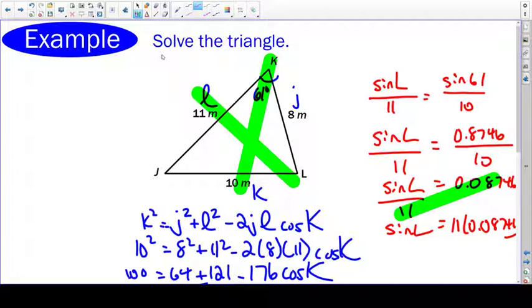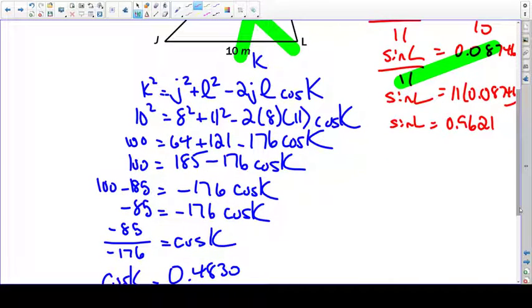So multiply by 11, and I get 0.9621 if I write it to 4 rounded decimal places. Then I go second sine, because we're using sine law, and I figure out that the measure of angle L is 74 degrees.